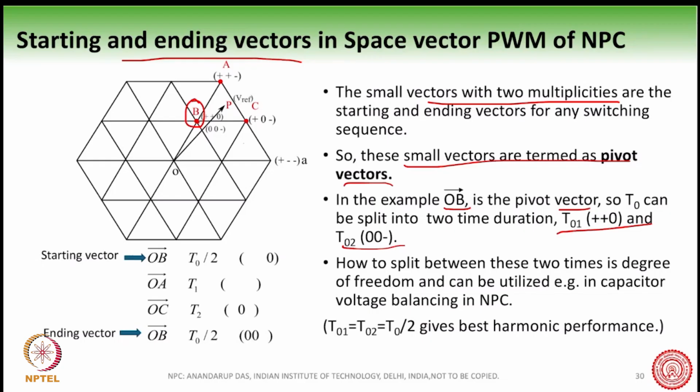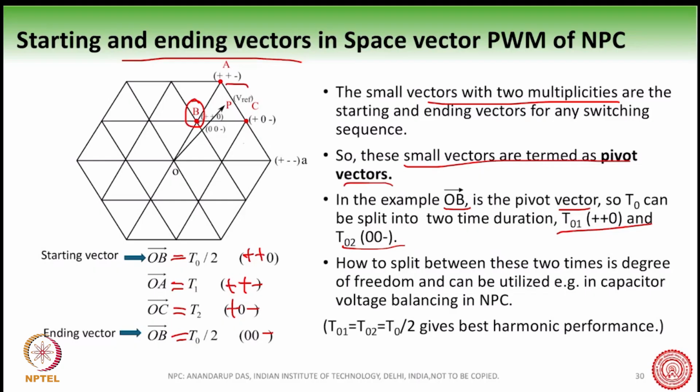So you can see here what is happening. OB, for T0 by 2 duration, will have this plus, plus, 0. Then OA will be switched for T1 duration, and it will be plus, plus, minus, and OC will then be switched, plus, 0, minus, and then the ending will be again at the OB vector, with a duration of T0 by 2, and it will be 0, 0, minus.